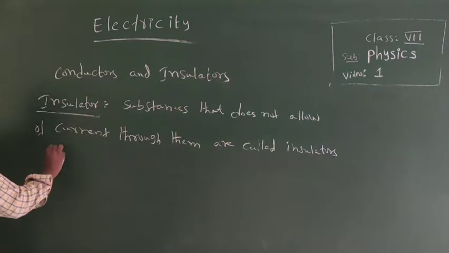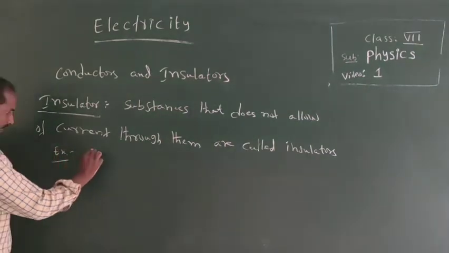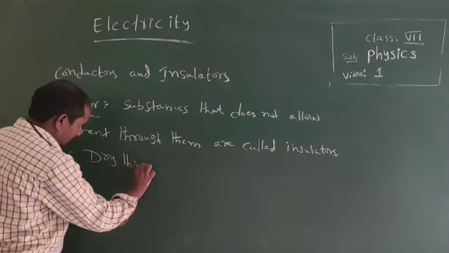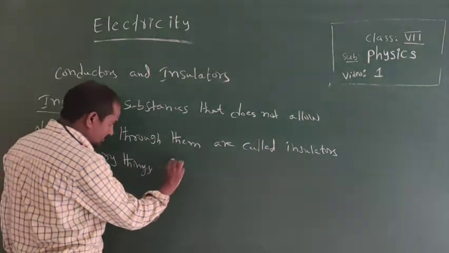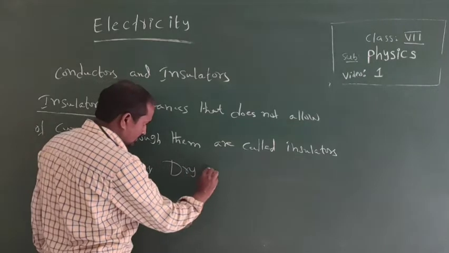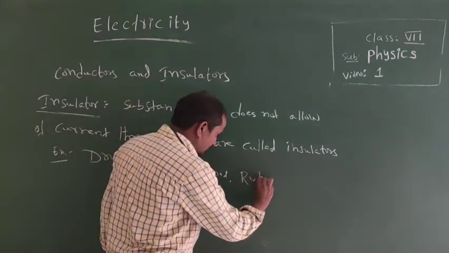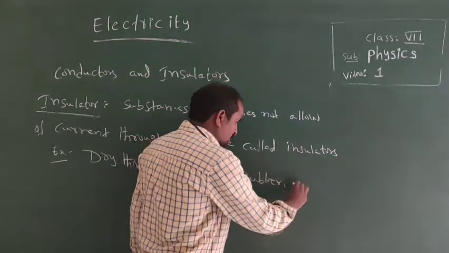Examples: dry things, means dry wood, rubber, stone.